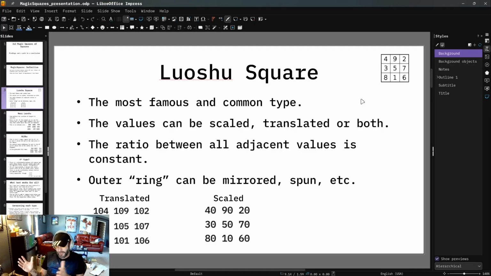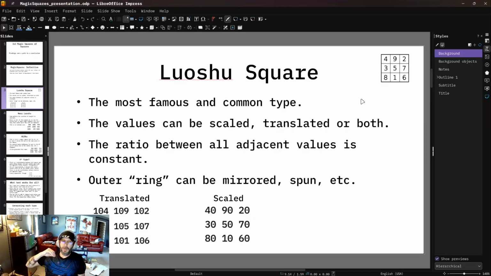So we can translate it, we can scale it, and then we can scale and translate it or translate it and scale it. It doesn't really matter. The last thing to mention, we won't be going over this a ton, but when we have the Loshu square, we can rotate the outer numbers or mirror them and do whatever we want with them.